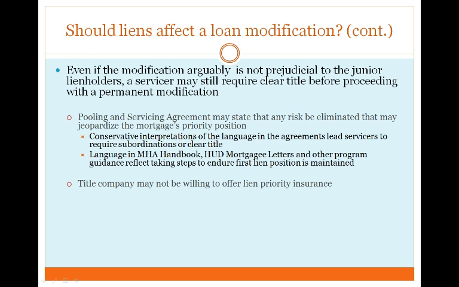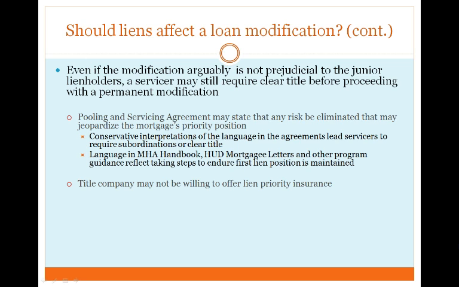So if you're receiving feedback that the pooling and servicing agreement requires clear title, you should ask to see the language first of all, but also maybe work with the servicer to get them to step back a little from that conservative interpretation, because there may not be any risk that needs to be eliminated.